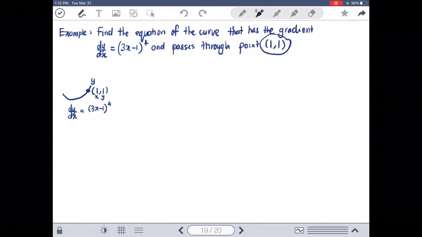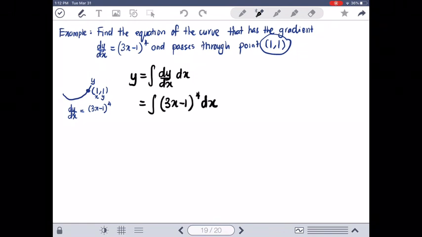Again, to find the equation of the curve, we need to integrate the gradient function with respect to x. So we need to integrate (3x minus 1) to the power of 4 with respect to x.